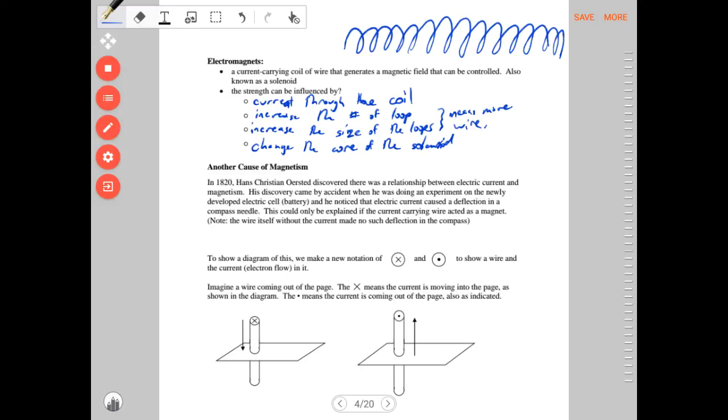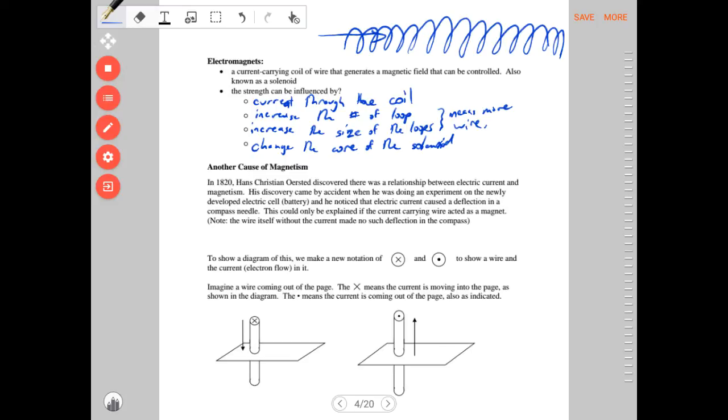However, if you wrap this around iron or nickel or one of those ferromagnetic substances, your electromagnet will be much, much stronger. So if you have something in the middle, that's called the core. You can have the air core, and that makes a decent electromagnet. But if you have a core of iron, say, that is much, much stronger. So changing the core of the solenoid makes the electromagnet stronger.